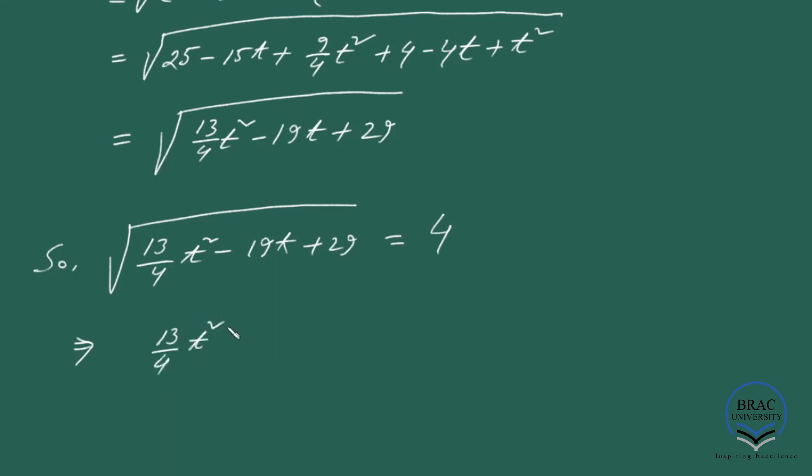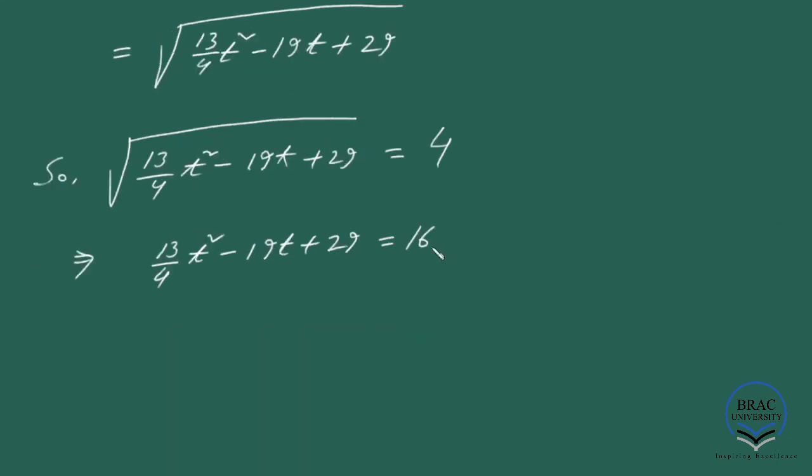So this thing is equal to 4 squared, which is 16. I can bring the 16 to the other side and clean this up a little bit, so 29 minus 16 is going to be 13.